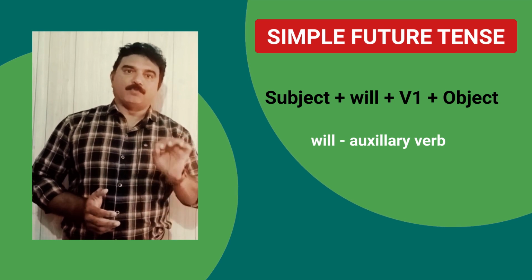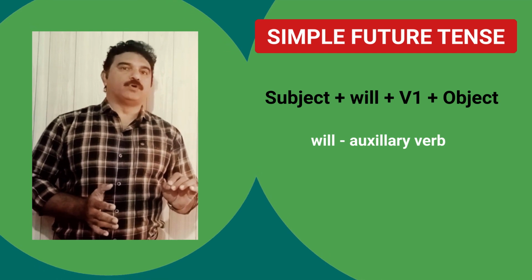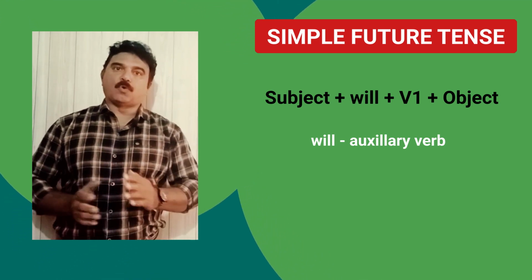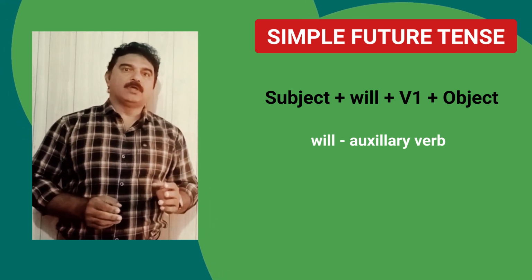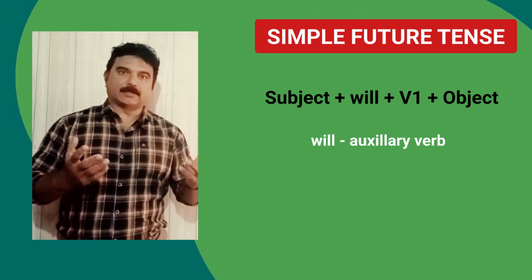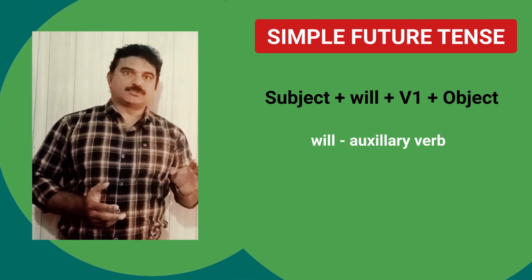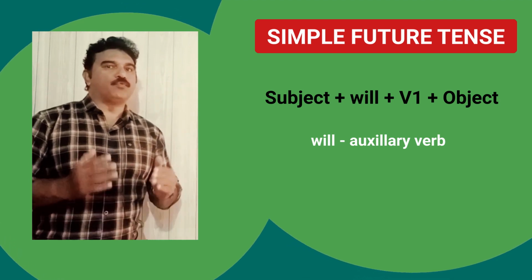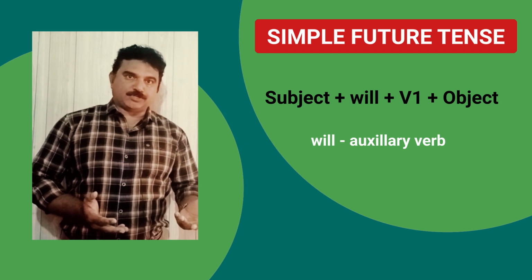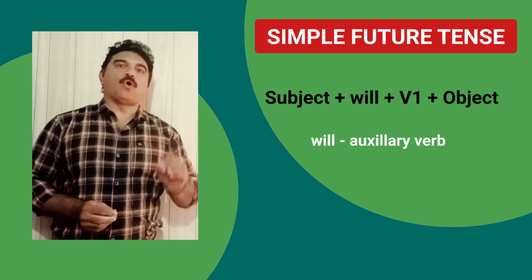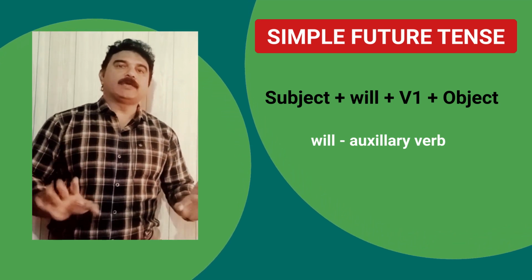Whenever we use simple future tense, we have to use the auxiliary verb will, followed by V1. The V1 form of the verb is very simple to understand, like play, sleep, write, run, jump. All these are V1 forms of the verb, followed by the object. So that is the structure of simple future tense. Remember to learn this structure and you can never make a mistake.